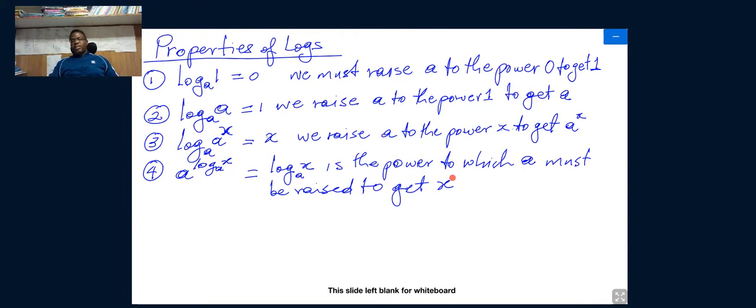These 4 properties are very important because they enable us to understand exactly the properties of the logs. We've been doing properties of real numbers, properties of fractions, and those properties gave us a good, very clear background of what we need to do with respect to algebraic expressions wherever those theories are applicable.